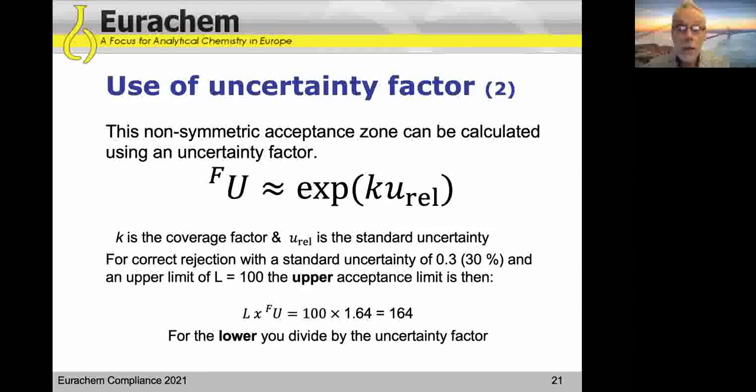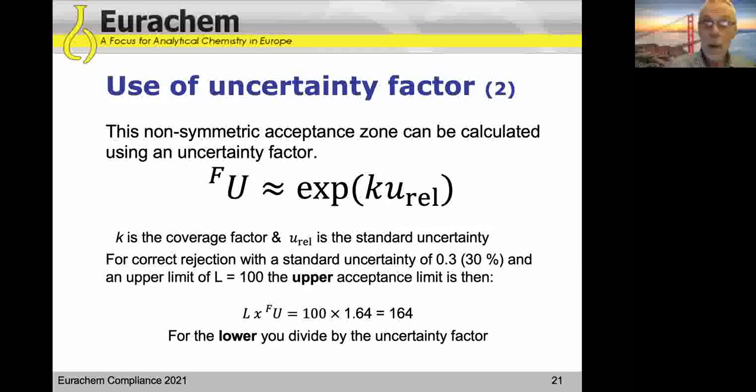And let's look at this. We can use something we call the uncertainty factor to calculate these acceptance zones. So if you have a relative uncertainty, and we would also use a K factor of 2, you can take the exponent of K times URL. And if you do that, for an example here with 30%, we will get a factor of 1.64.